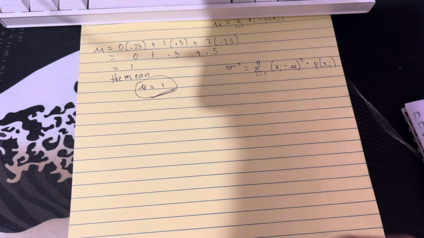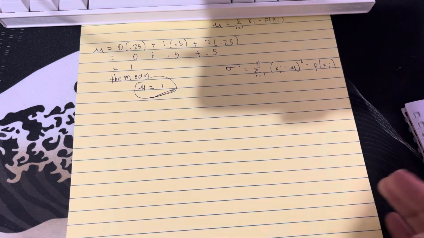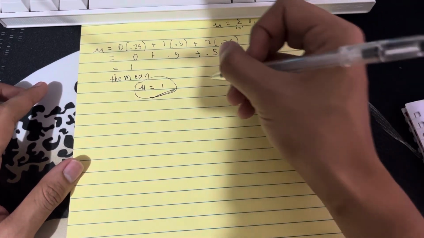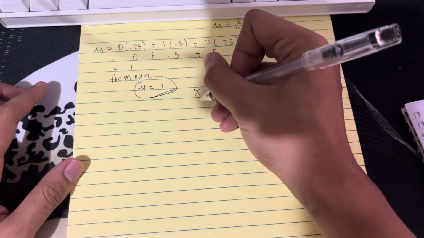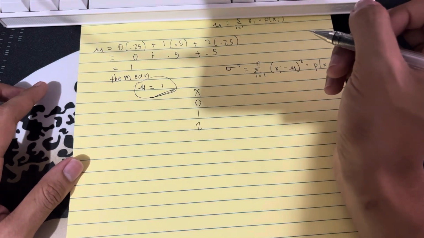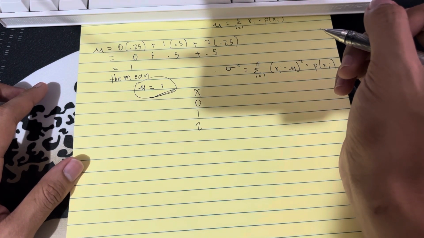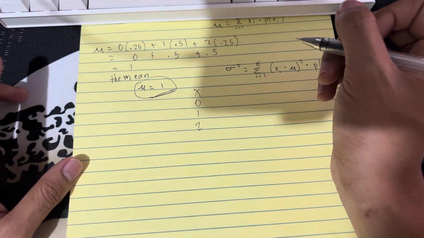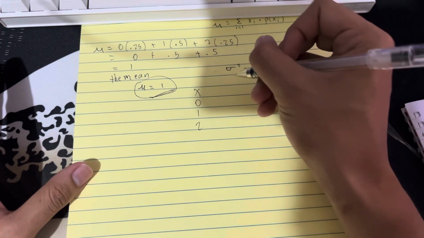So let's compute for each term, okay? You don't have to do it like this, but I like doing it like this because it's clearer and simpler for me. So we have x and then the values of x, which is 0, 1, and 2, right? And then we have x minus 1 right here.